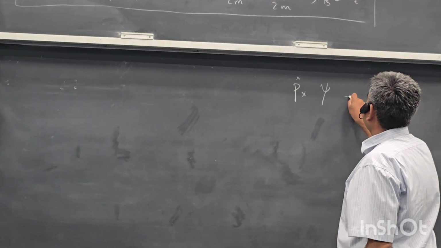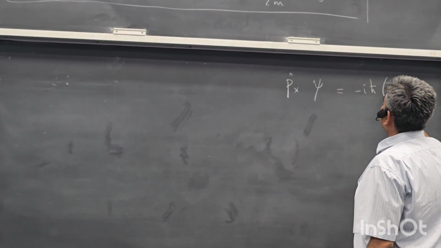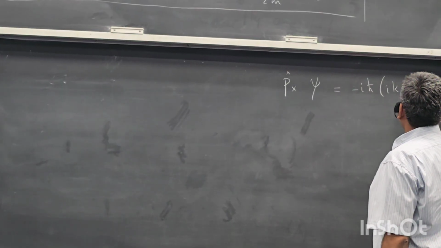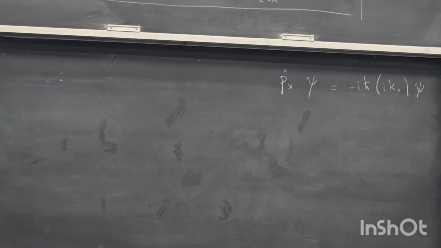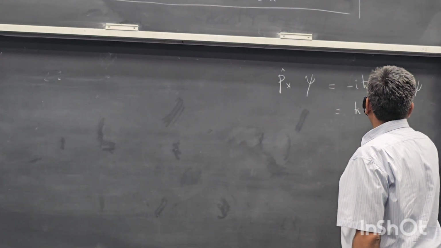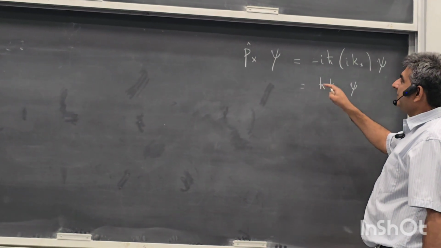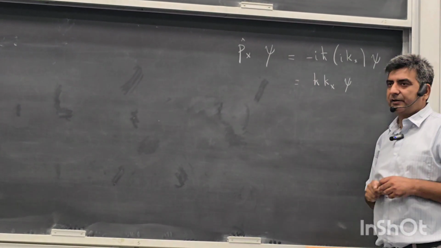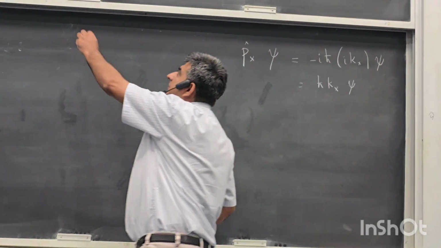Px acting on psi is minus iota h bar ikx psi, correct? So this is h bar kx psi. So psi is indeed an eigenfunction of the Px operator, this operator here.